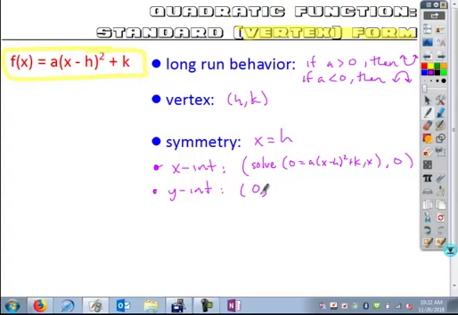The y-intercept is the y value when x is 0. So if you let x be 0, and then evaluate this function, that's going to give us our corresponding y-coordinate.